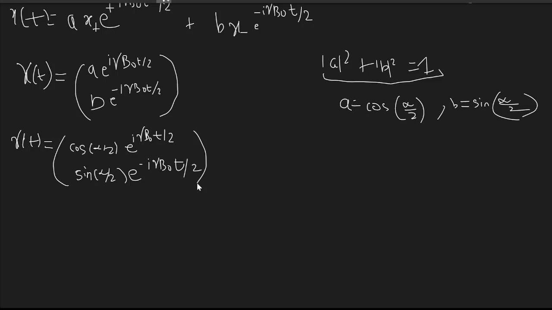Now, what's the motive of this particular video? If you remember, the motive of this video is to understand whether the spin in the x, y, and z directions is dependent upon time or not. So let's see how we are going to find the expectation value of the spin in the x, y, and z directions. You know how we can find the expectation value.